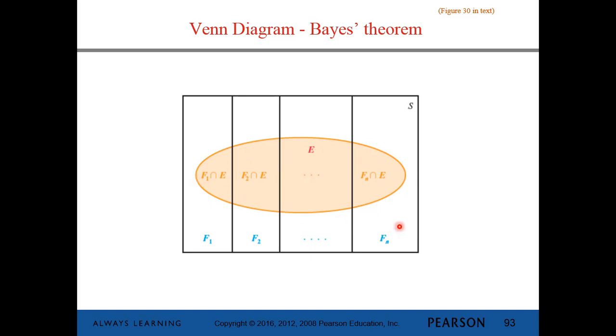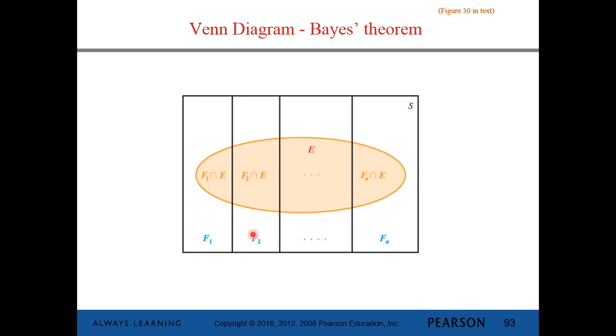I know E has occurred, but how do I figure out the probability if E overlaps all of these different events, and I want to know the probability that F has occurred given that I know E has occurred?